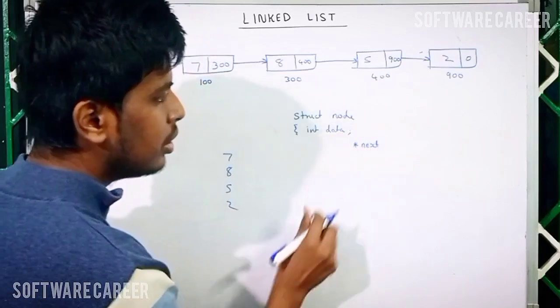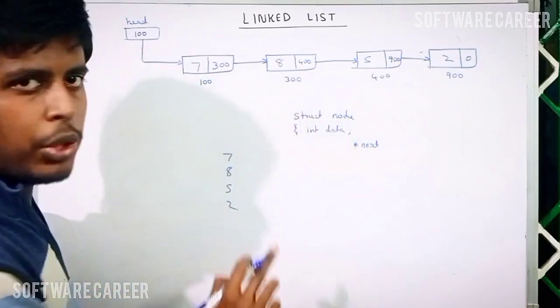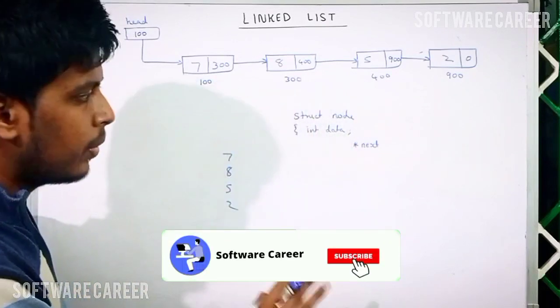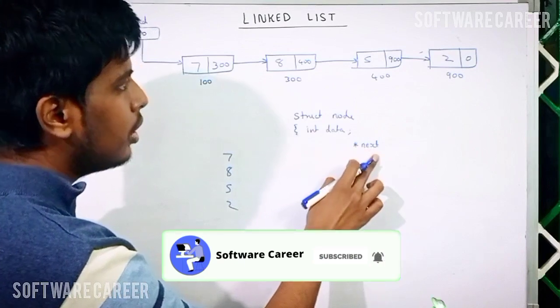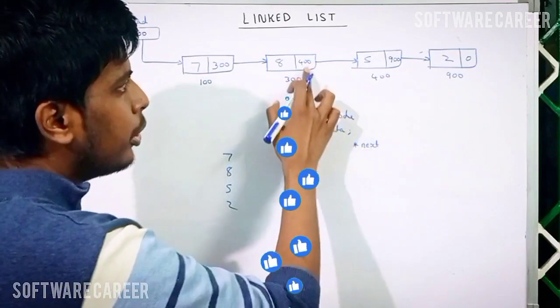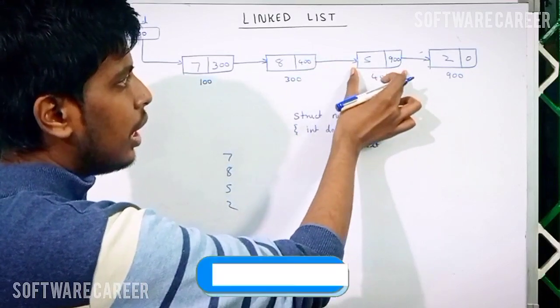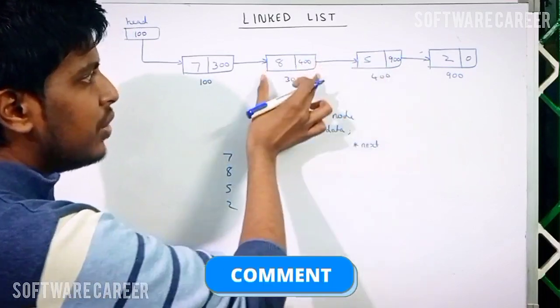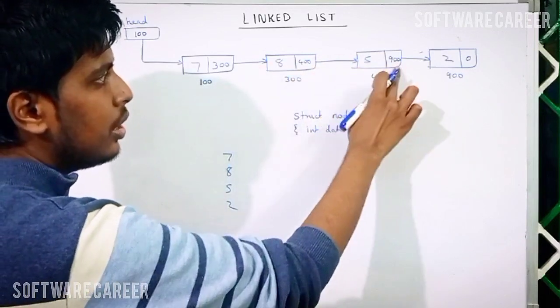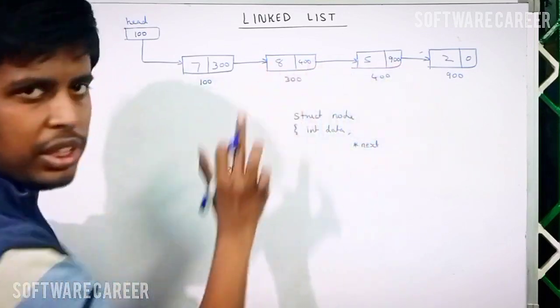Now what is this symbol? This symbol is used to represent a pointer. If you don't write the symbol, it's not considered a pointer. So this is pointer next. What is this pointer pointing towards? It's pointing towards the next node which has the same structure as the previous node. It contains data and pointer, the same thing.